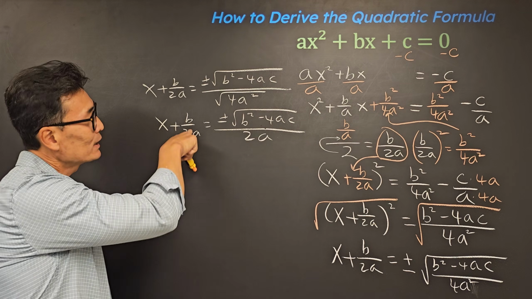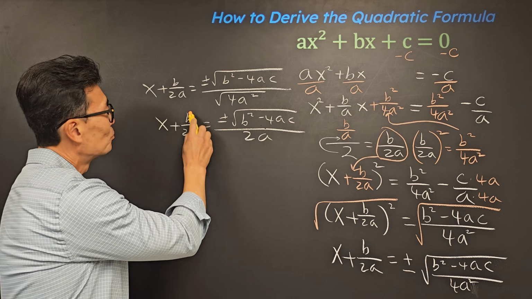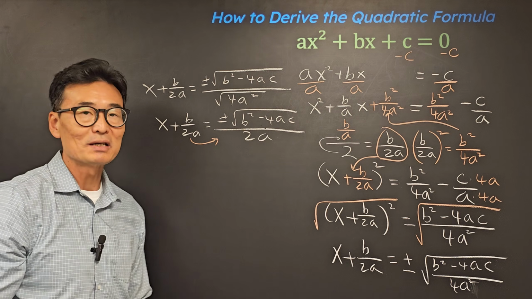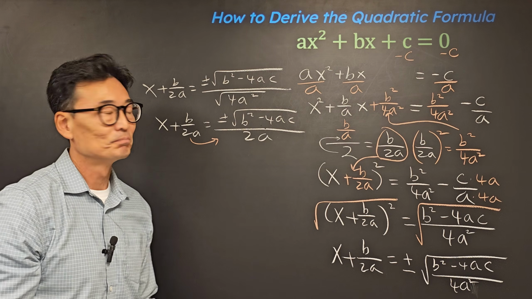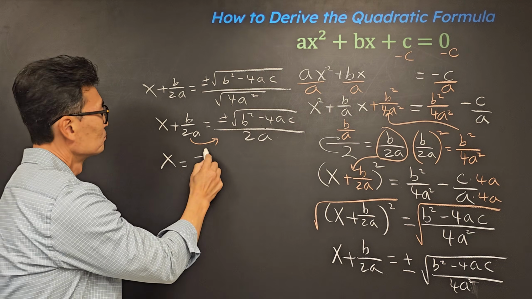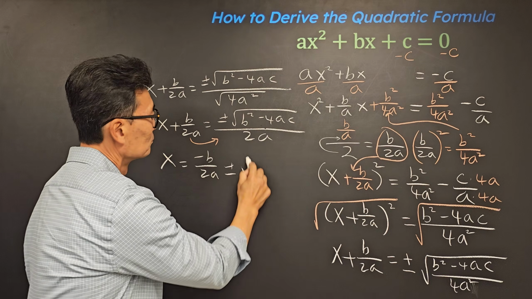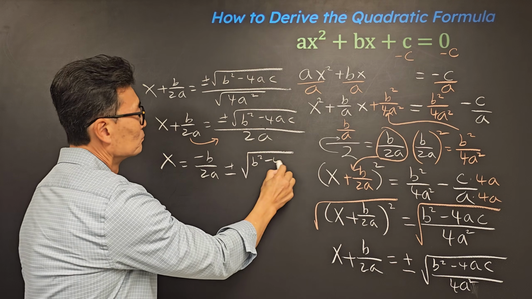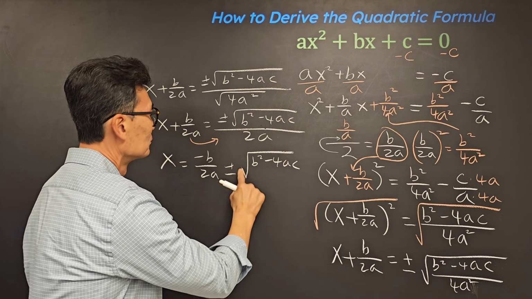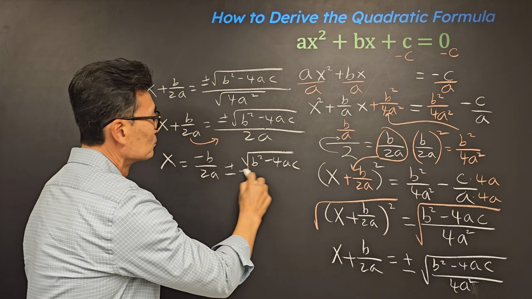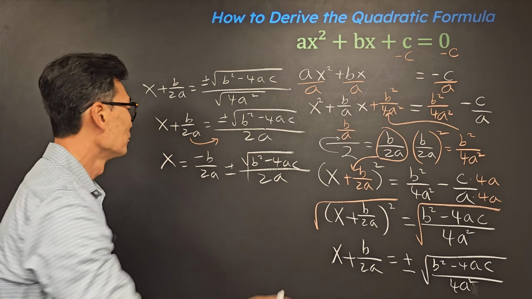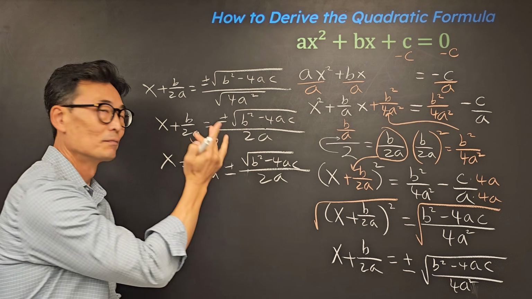Now we'll go ahead and take that b over 2a and bring it to the right side, or subtract. There you go.